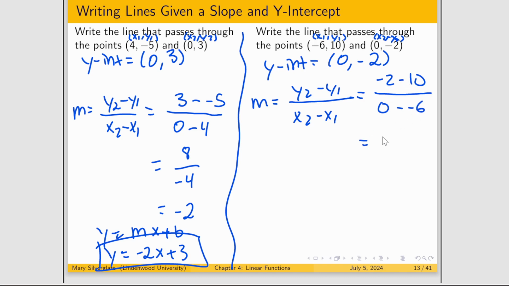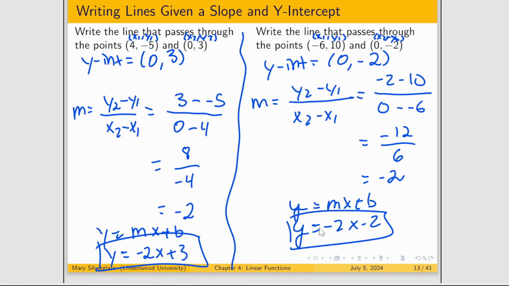Negative 2 minus 10 is negative 12, 0 minus negative 6 is going to give me positive 6, negative 12 divided by positive 6 is negative 2, and now I want to plug into y equals mx plus b. In this case, m and b happen to be identical, so my slope I just found was negative 2, and my y-intercept given was also negative 2.